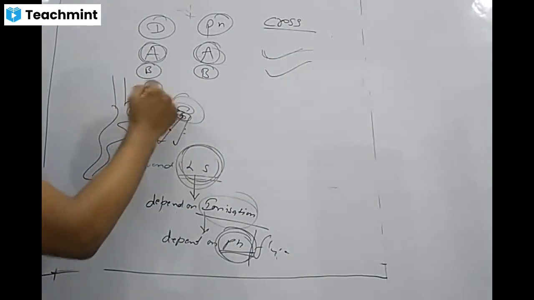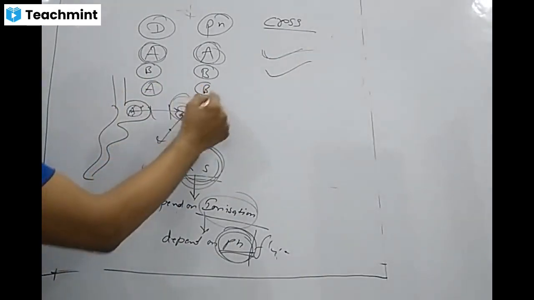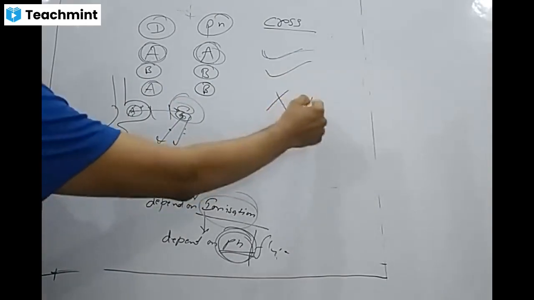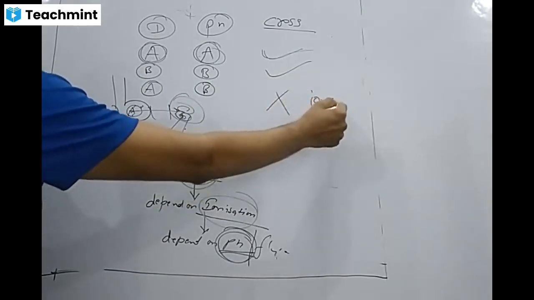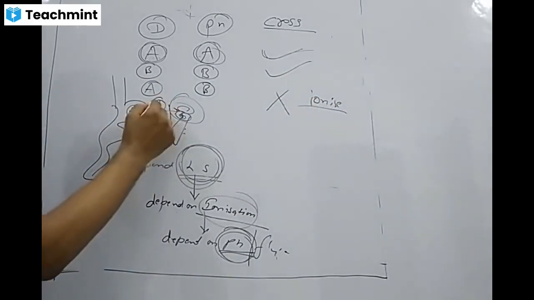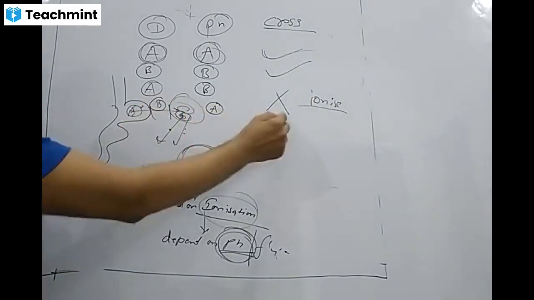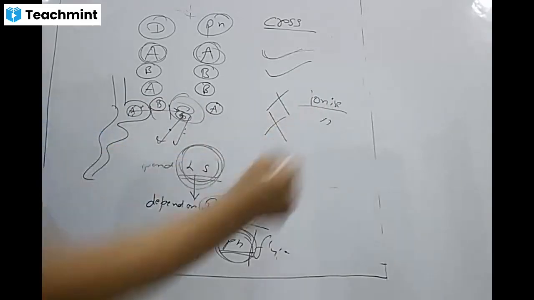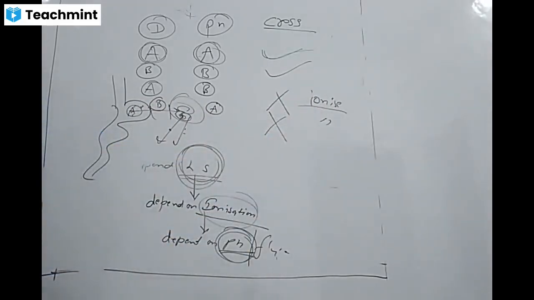But what happens if the drug is acidic and the pH is basic? It will not cross. It means it will ionize there. Similarly, if this is basic and this is acidic, it will not cross because of ionization.